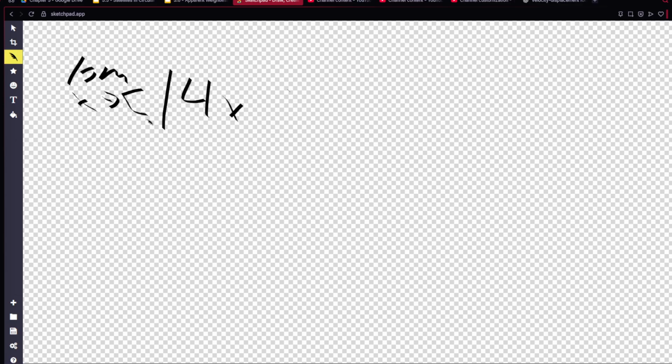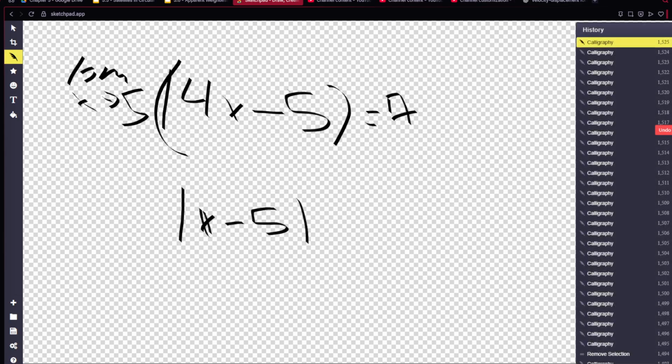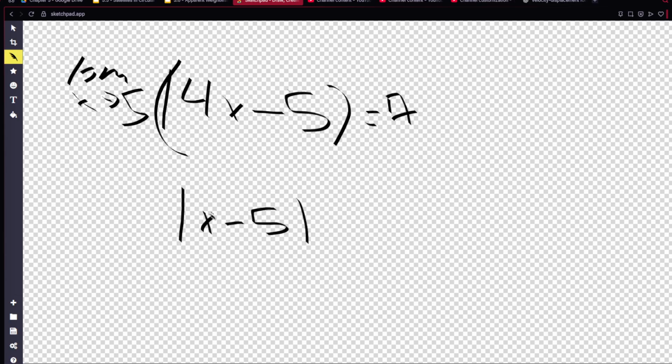And it's not absolute value, so ignore this. 5 equals 7. So what does x minus a give you? Now the x minus a will always give you the distance that x is from 5. Because this is a difference, and then you take the absolute value of the difference.